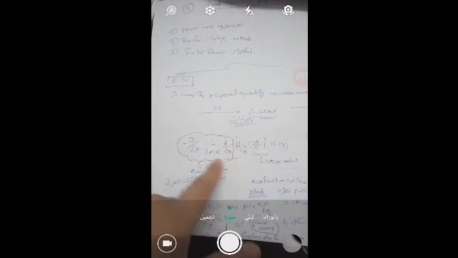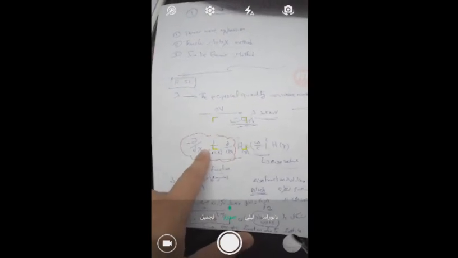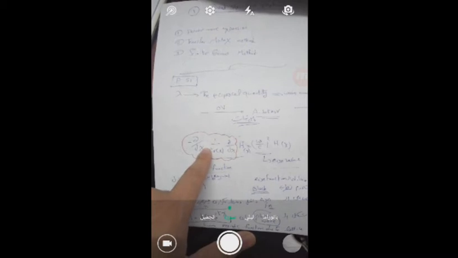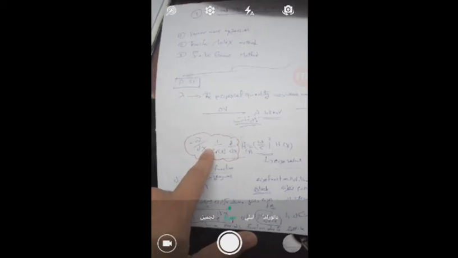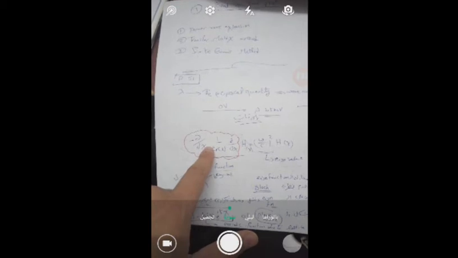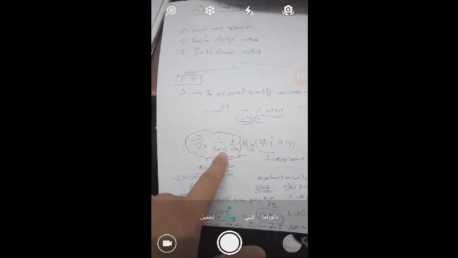We have mentioned before the final equations which are deduced from the four Maxwell equations for the electromagnetic wave.